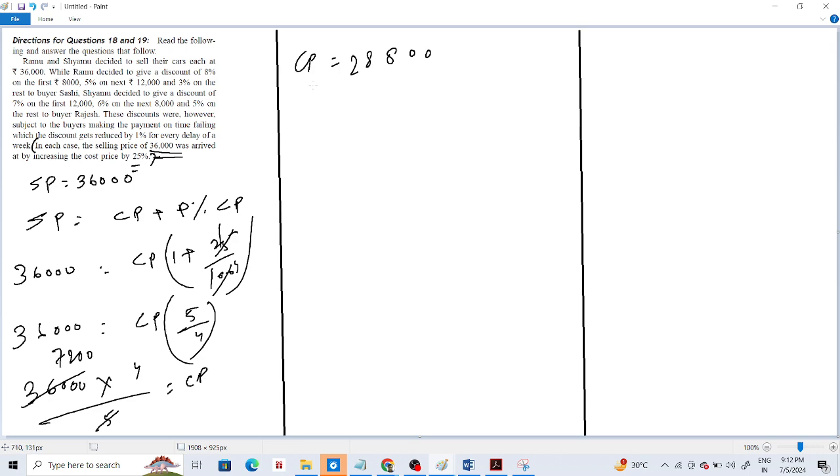Now let me first of all go to the question. Did you understand what this question is about? They want to sell their car at 36,000. Ramu decides that he will give 8% discount on the first 8,000.